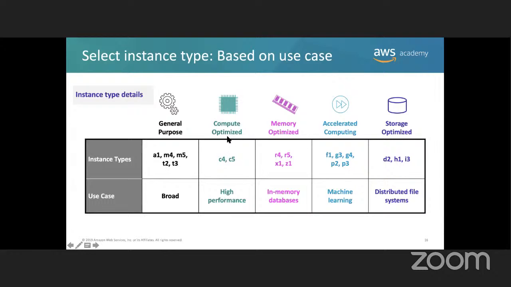Compute optimized, C4, C5. General purpose is for broad usage, anything. When you need high performance, then it's C4, C5. If you need in-memory databases, then you use R4, R5, X1, Z1.